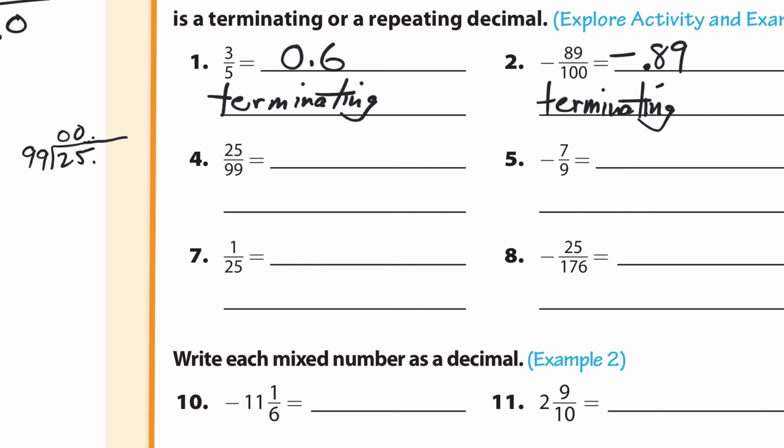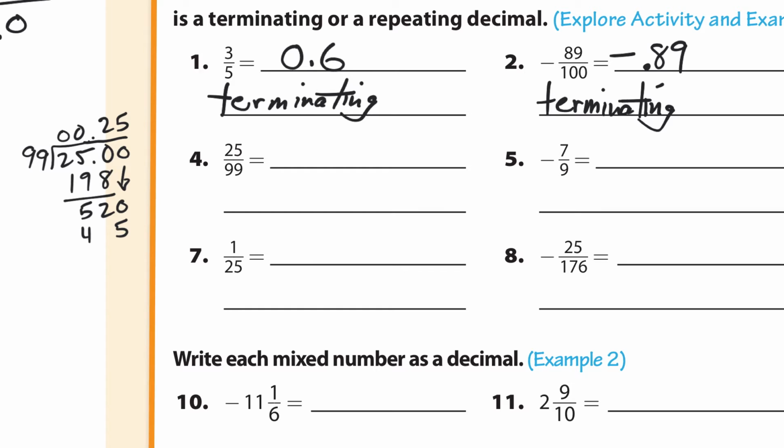So if you put a decimal in there and 250, 99 goes into 250 2 times, which is 198, and that leaves 52. Then a 0 and 520, and this should be 5 times, that's 495.